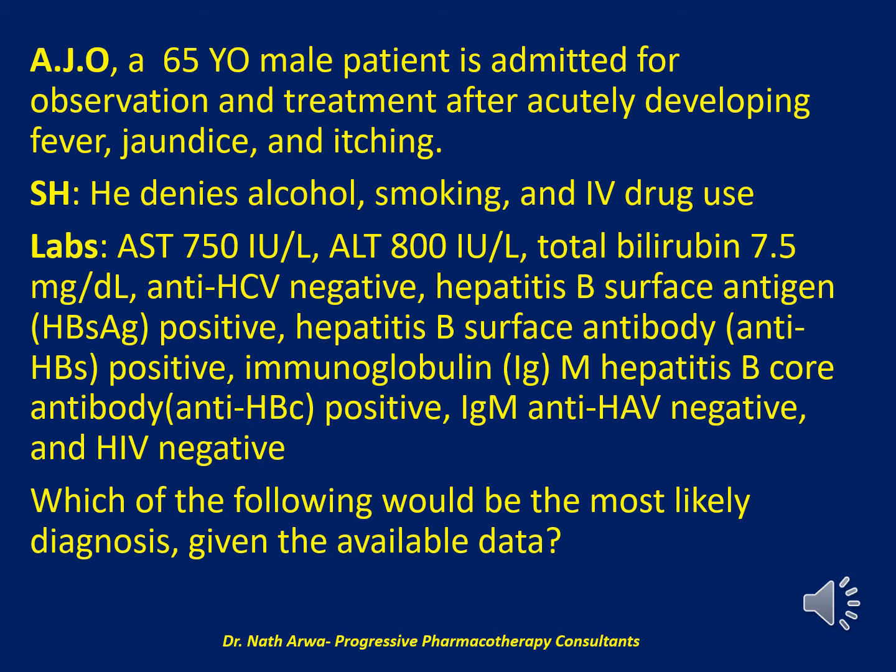His pertinent labs include AST of 750 international units per liter, ALT of 800 international units per liter, total bilirubin 7.5 mg per deciliter, anti-HCV negative, hepatitis B surface antigen HBsAg positive, hepatitis B surface antibody anti-HBs positive, immunoglobulin IgM hepatitis B core antibody anti-HBc positive, IgM anti-HAV negative, and HIV negative.